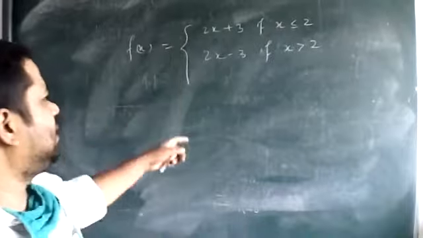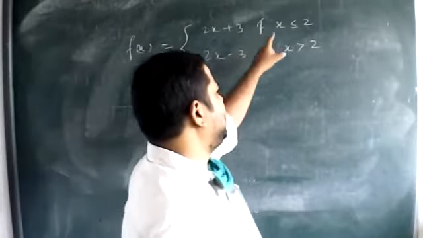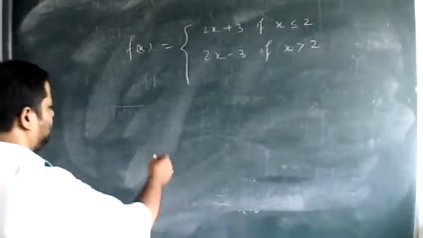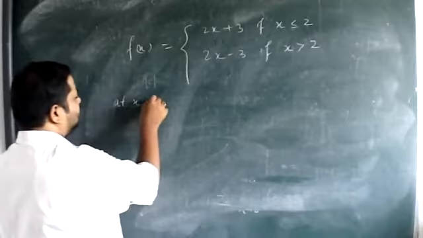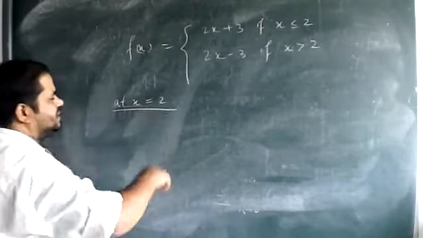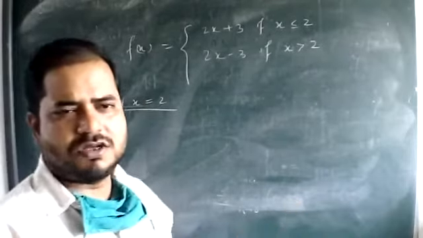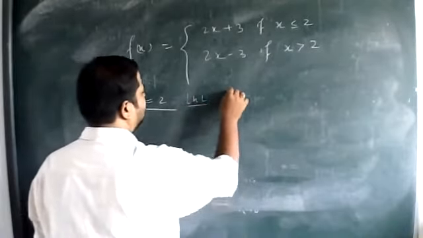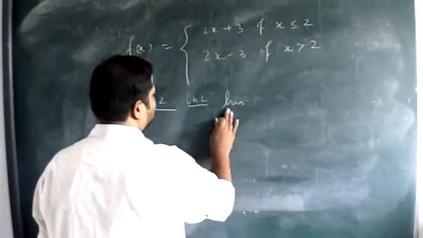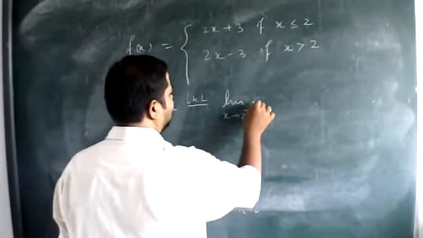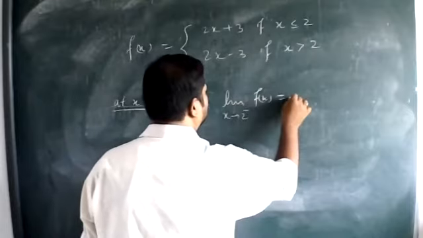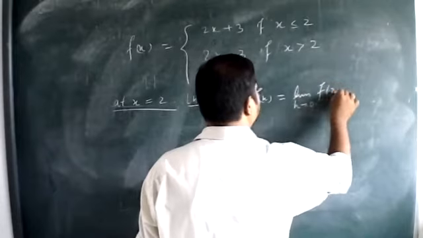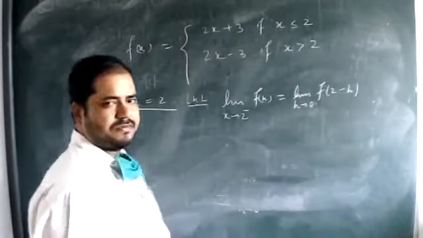So we check the continuity of this function at the given point, x equal to 2. First of all, I'll find the LHL. LHL is limit x tends to 2 minus of f(x). This is nothing but limit h tends to 0 of f(2 minus h).